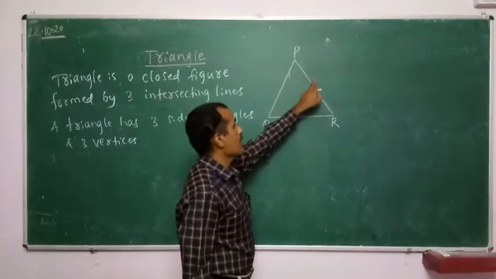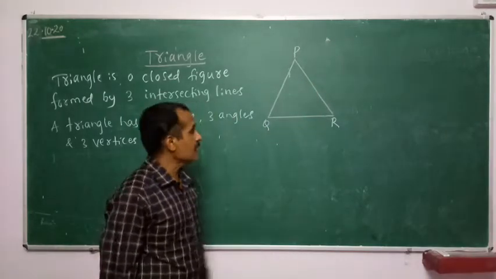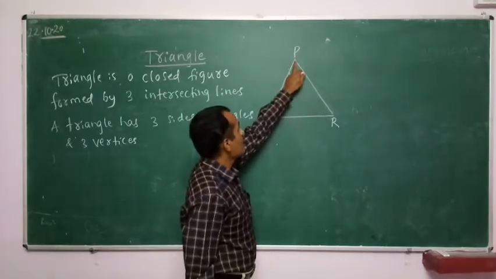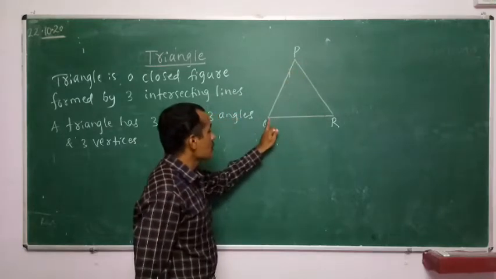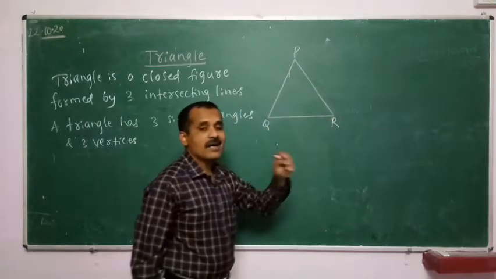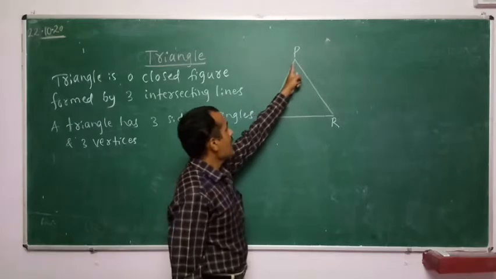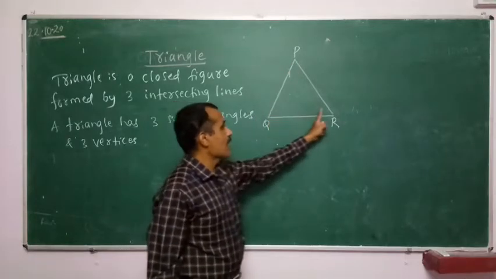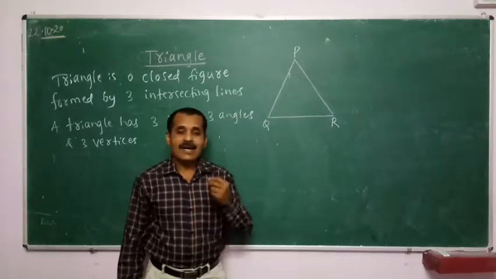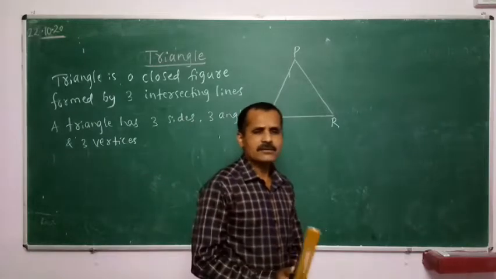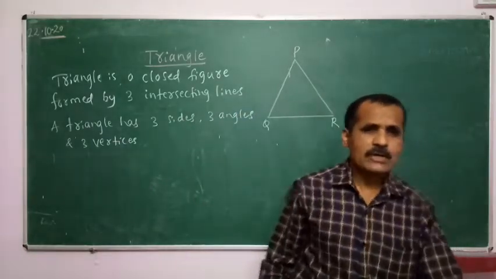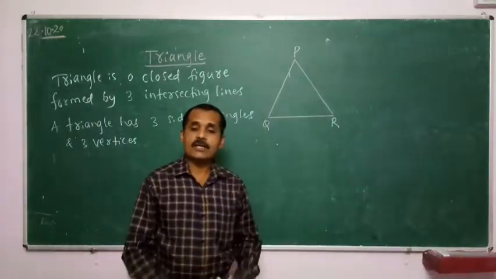PQ, QR and PR are the sides of the triangle. Point P, point Q, point R are the vertices. Angle P, angle Q and angle R are the three angles of the triangle. This is the basic you have learned in your junior classes.